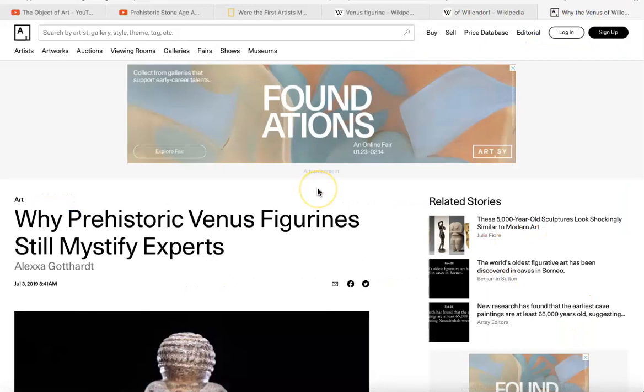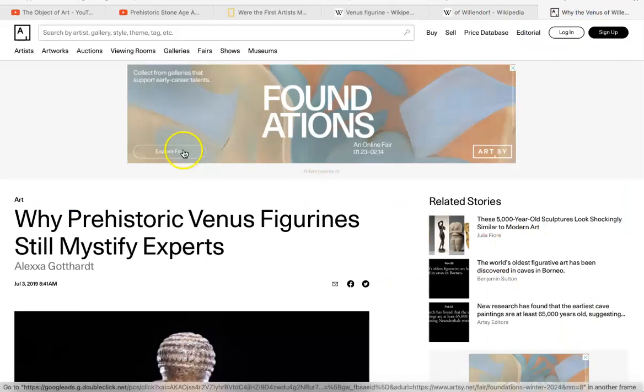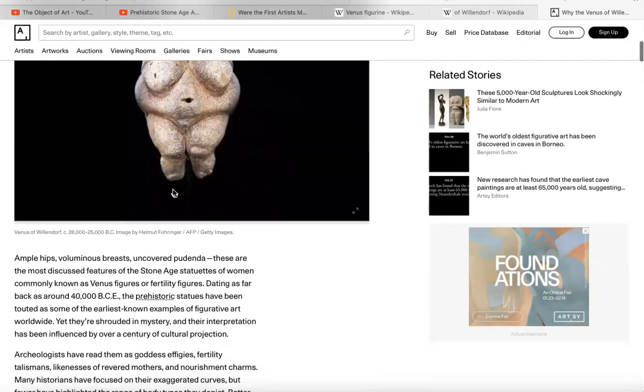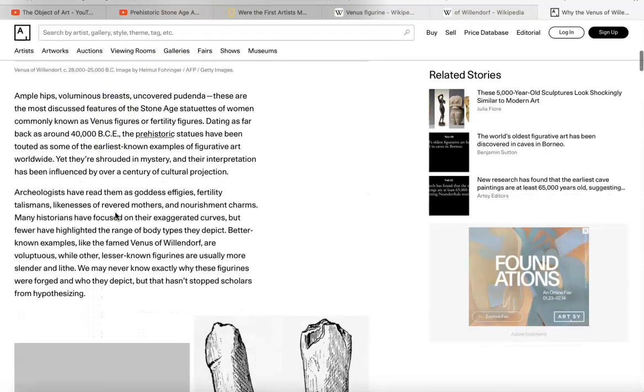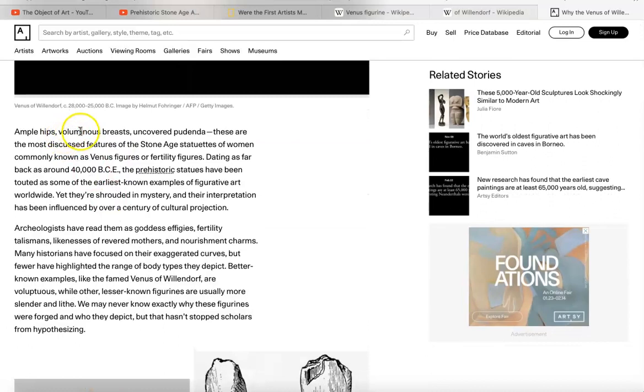Let me take a look at one more article. This is from Artsy. Why Prehistoric Venus Figurines Still Mystify Experts. This is from 2019. Okay. Ample hips, voluminous breasts, uncovered pudenda.